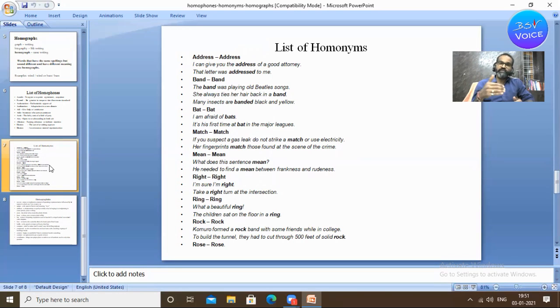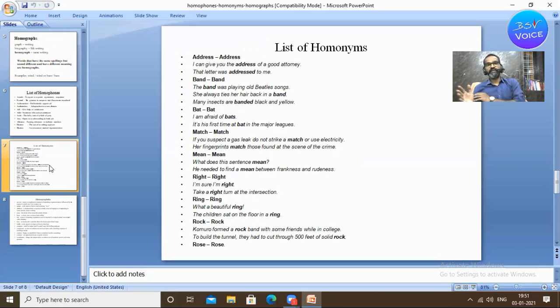How the same spellings give bat and bat. I am afraid of bats. You know, bats are the creatures that only move in the night. And his first time at bat in the major leagues is batting.